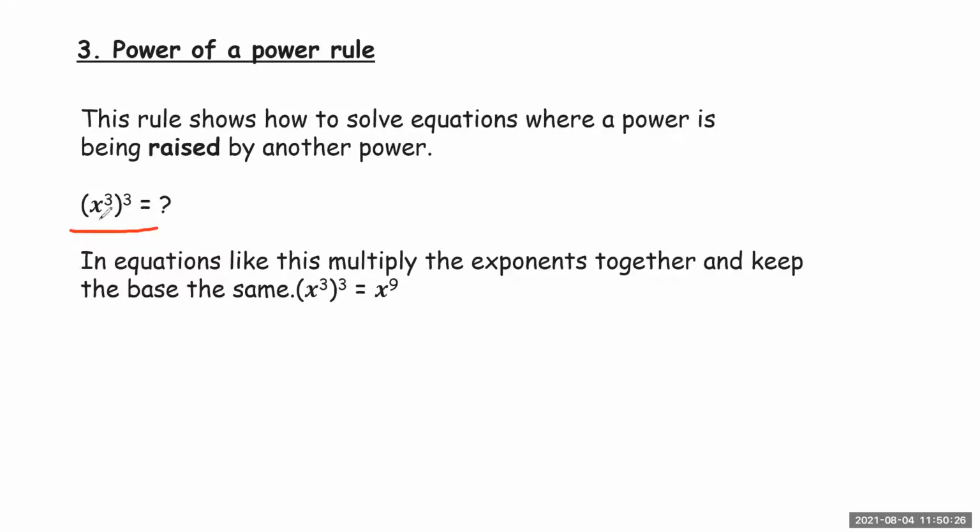X power 3 is already x raised to the power 3, and over and above you have another power 3. So how much should it be? When you have this, we just multiply the exponents together. 3 times 3 gives you 9. This is how we solve the power of a power.